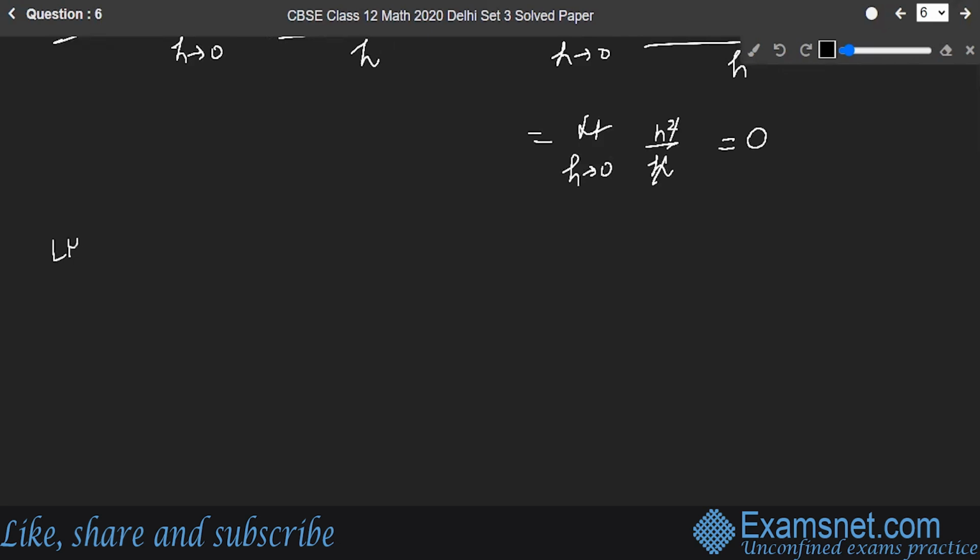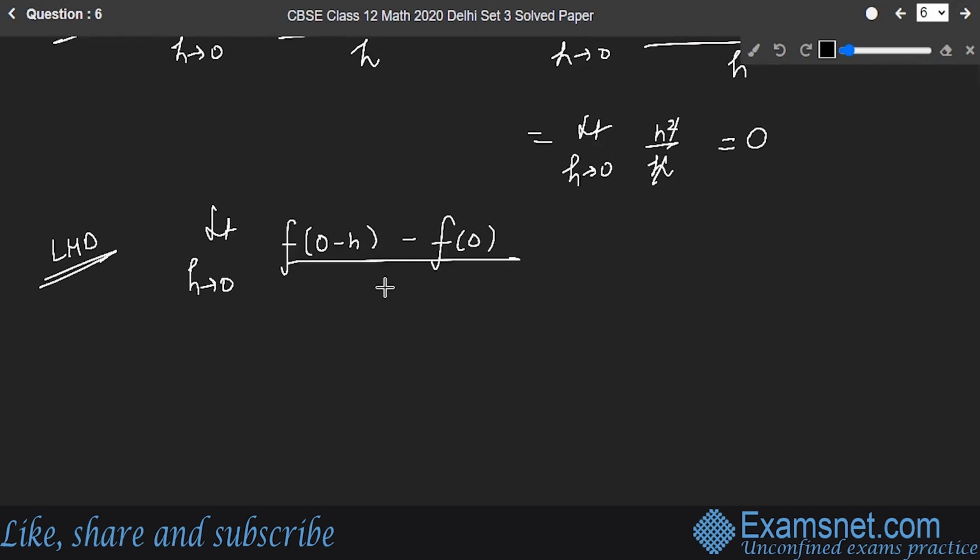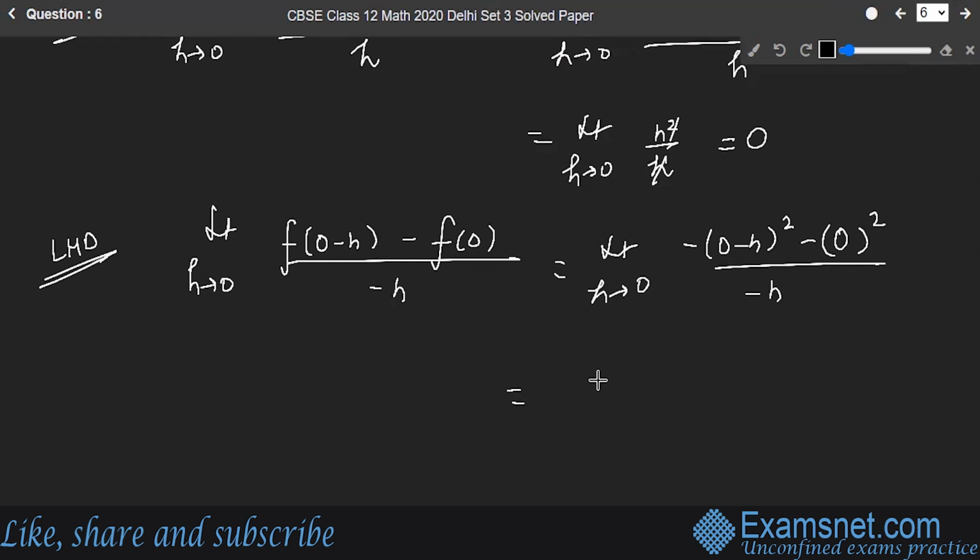Let's go with the left hand derivative. For the left hand derivative, limit h approaching 0, f of 0 minus h minus f of 0, whole divided by minus h. This is equal to limit h approaching 0 of minus of 0 minus h whole square minus 0 square, divided by minus h. This will be equal to minus h squared upon minus h. The minus and minus will cancel, and h will cancel.